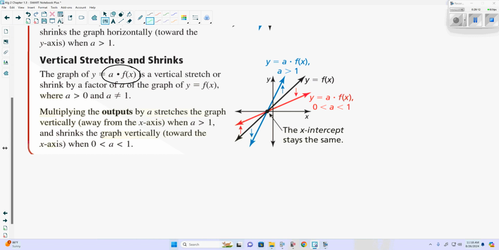Horizontal stretch or shrink. Flip the stretch/shrink value, then plug it in to f of b times x.